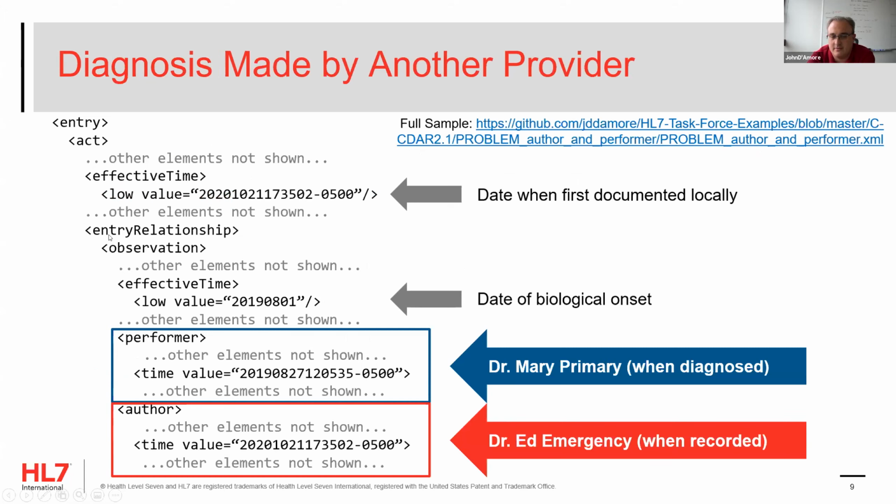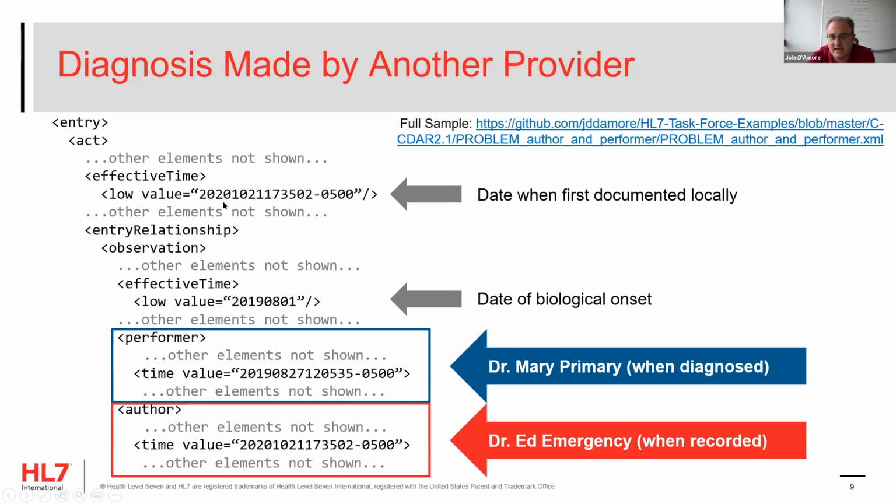For brevity I've omitted a lot of XML here, so I'm just going to focus on a few things. Within the act concern wrapper, you'd have a low time of effective time, which would be when that was first documented locally, which is when it became a concern to that local record. Again, not necessarily that this is well used right now, but that could be what that means. The entry relationship observation effective time is the date of biological onset.